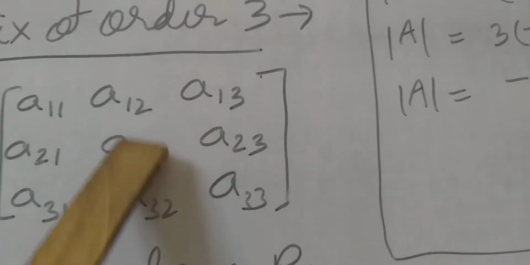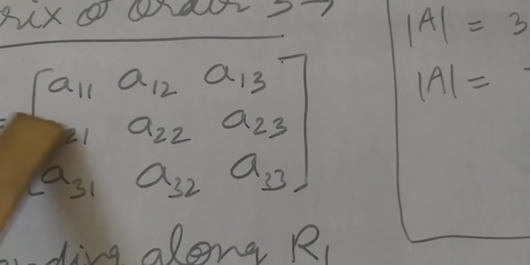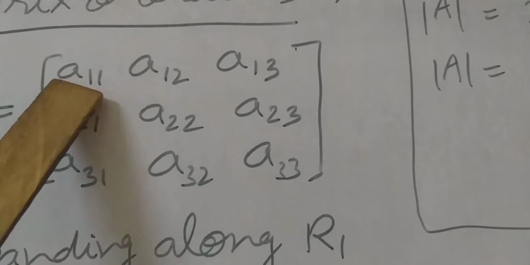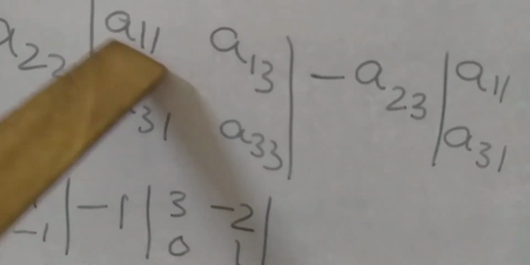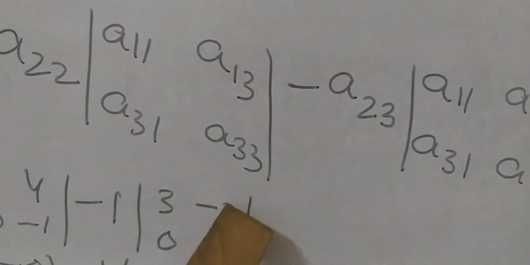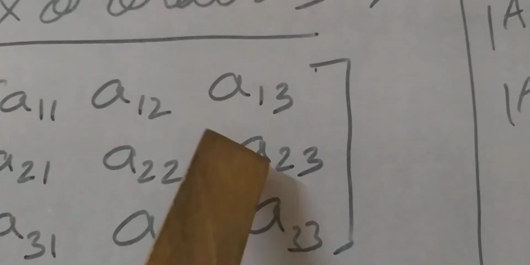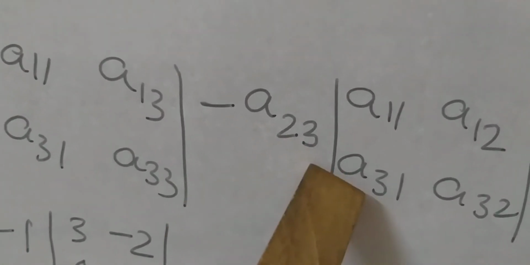Now, student, A22 is there. Delete its column and its row; left elements are A11, A31, A13, A33. So A11, A31, A13, A33. Now the third element of the second row, student, A23. So we have to write the third element of A, second row, A23.